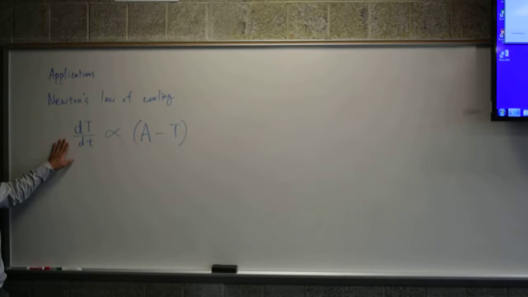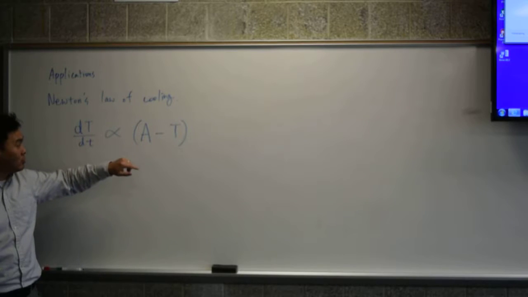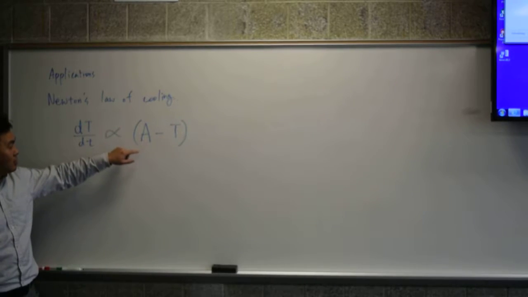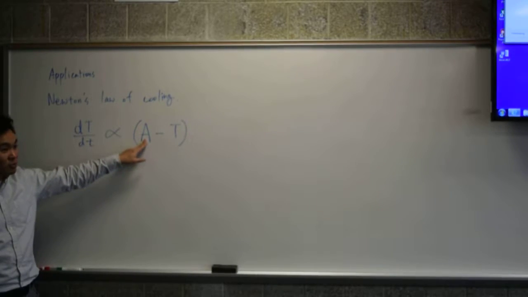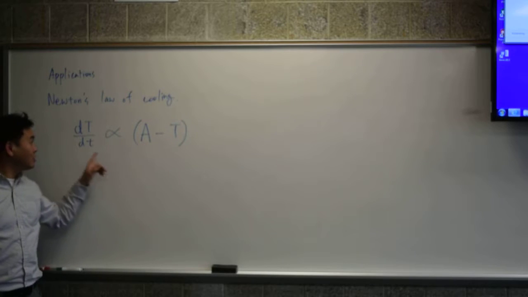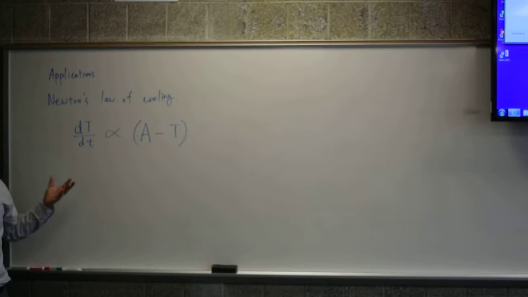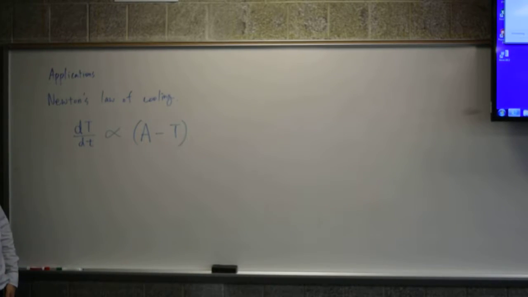So in this model, if this difference is big, for example if you put something cold in a hot environment, if A is very big and T is very small, this will be positive. This will be increasing very fast. That's what's going to happen inside an oven, right? So this is what Newton said.